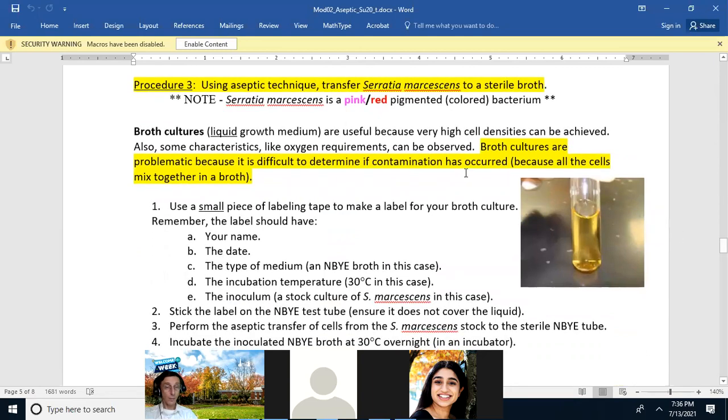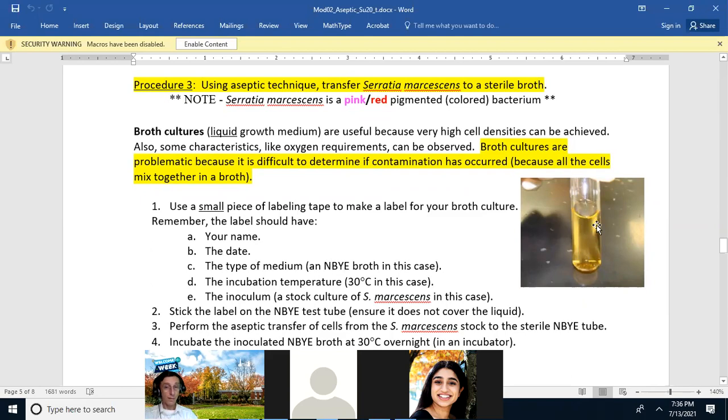I should mention that when you're growing in a broth culture, it is problematic because it's difficult to determine if contamination is occurring in a broth, because in the broth, all the bacteria will grow together and will mix up. All the cells will grow up. You won't see one area of the broth being white from a contaminant, and then the other area being a different color from the bacteria that were supposed to be growing.